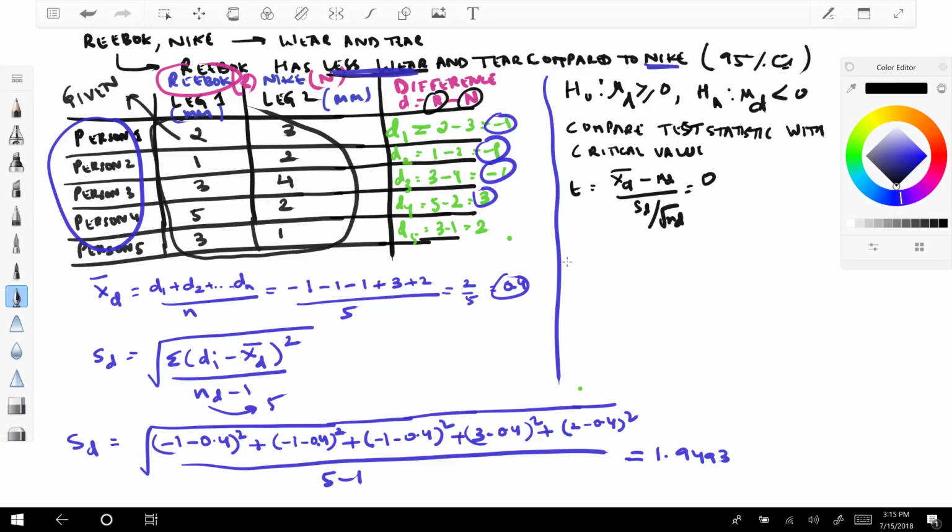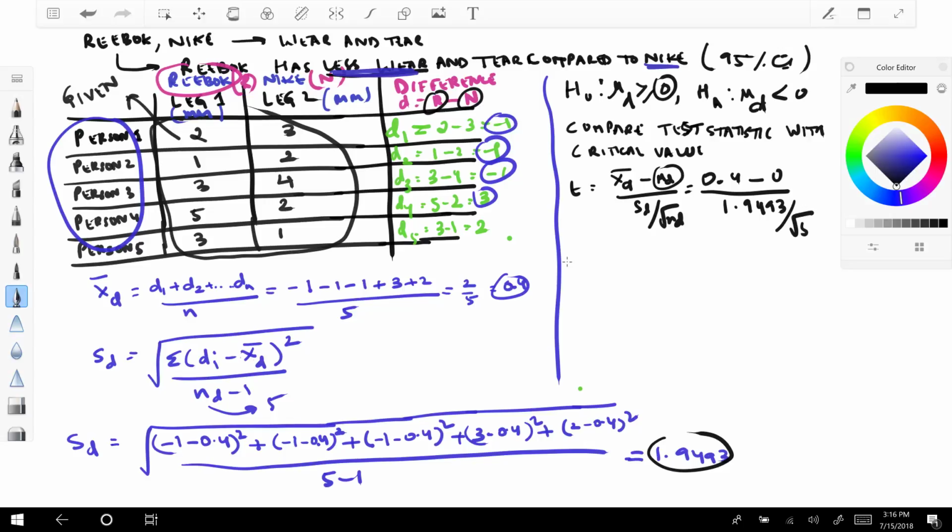So xd bar is 0.4, minus mu D, the hypothesized difference value, which is 0, divided by SD, which is 1.9493, divided by square root of ND, which is 5.